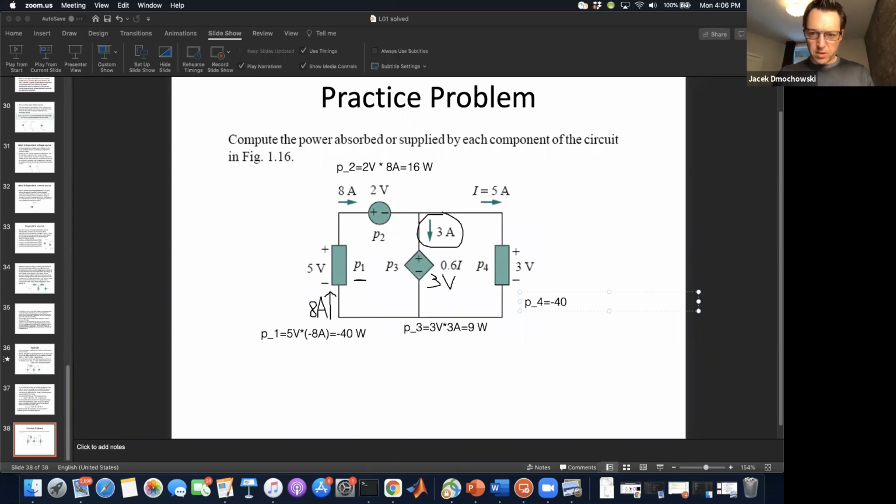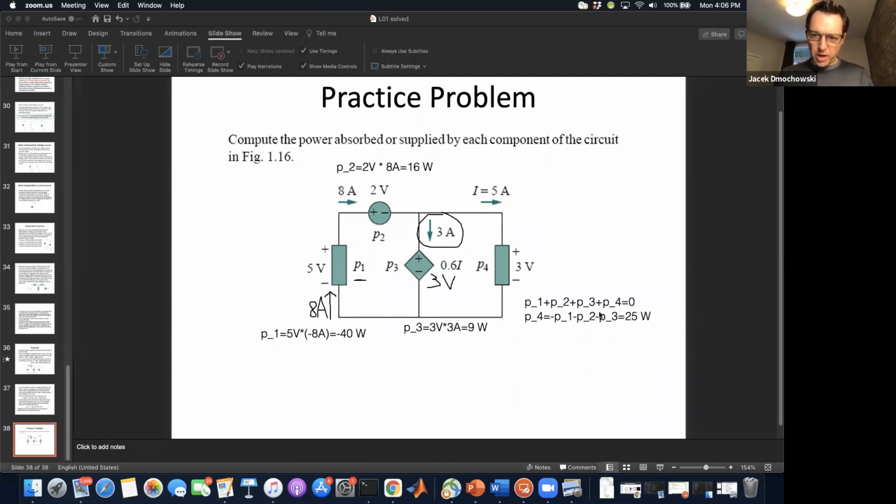So we know that P4 plus the others sums to zero, and therefore P4 is equal to negative P1 minus P2 minus P3, which is equal to 40 minus 16 minus 9, 25 watts.